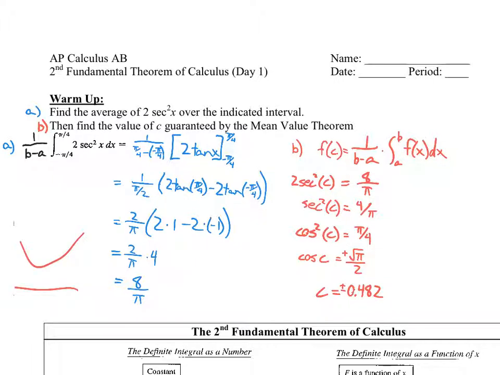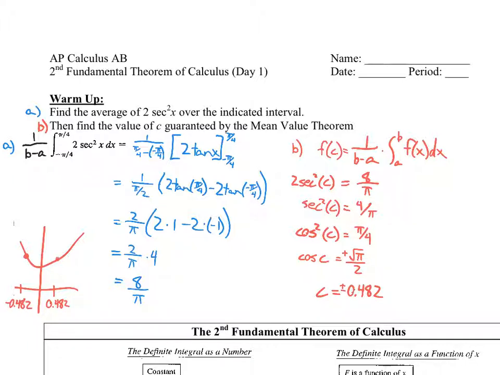Okay, so just to sum up what exactly we found. There's this value, and again, I don't know exactly what this function looks like, but just for example's sake, let's say this is 0.482, this is a negative 0.482.